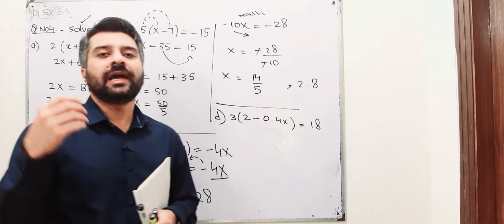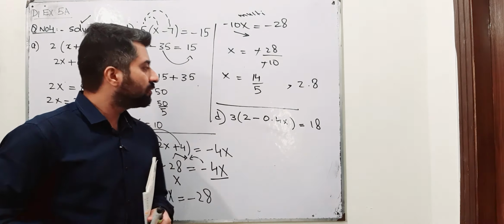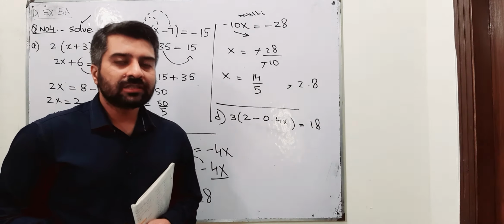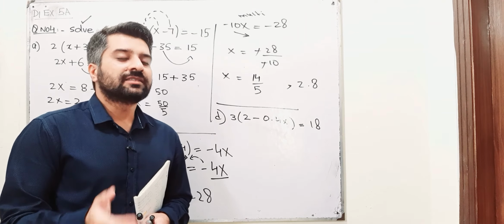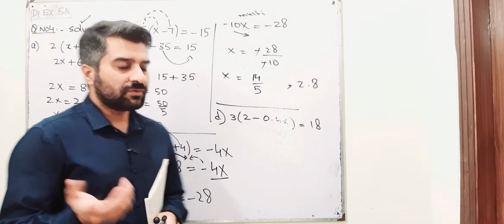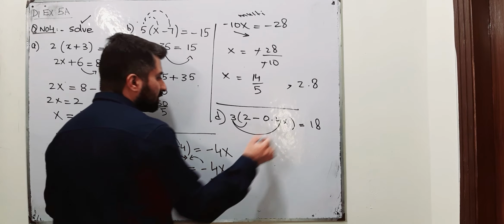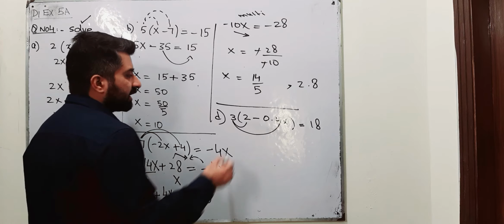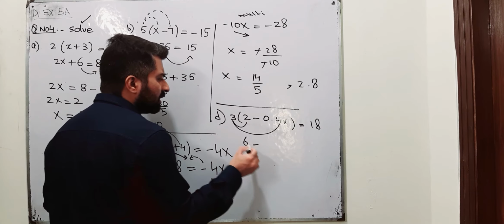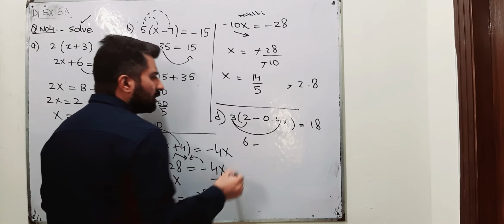You need to find x, which is in front of you, but you need to isolate it, you need to separate it from the other numbers. So for that, first of all, open the brackets. This 3 will be multiplied by both the terms inside the bracket. 3 into 2, 6. 3 into 4, 12.